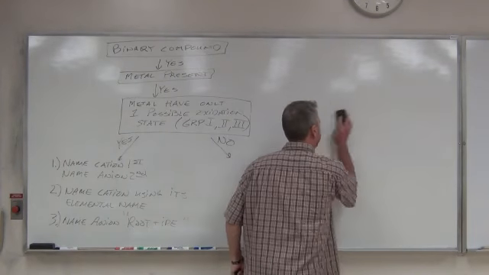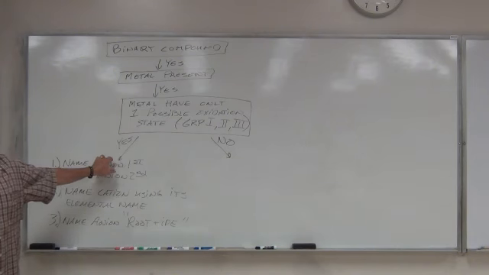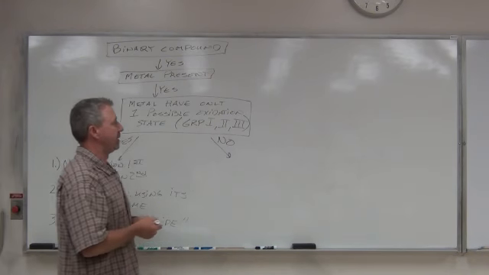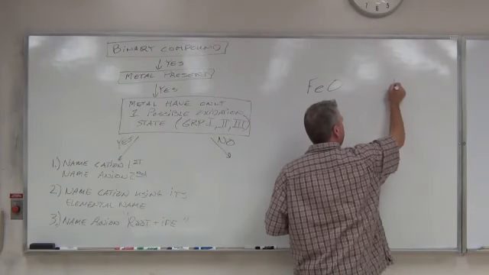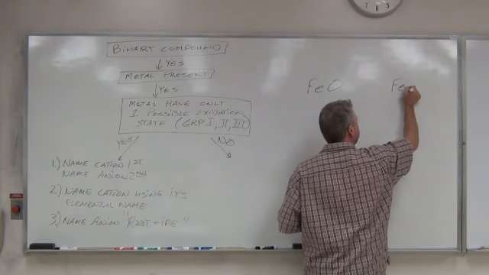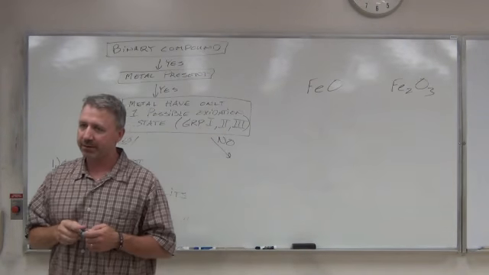Let's see an example. Knowing what we know right now, let's look at FeO and Fe2O3. Fe is iron.